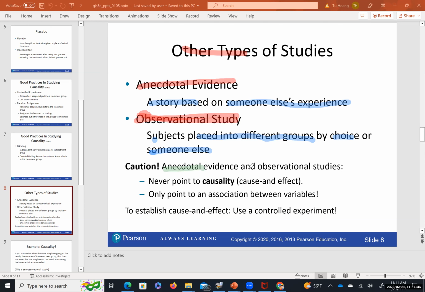Anecdotal evidence and observational studies never point to causality, which is cause and effect, right? They only point to association between variables. To establish cause and effect, we're going to use controlled experiments.